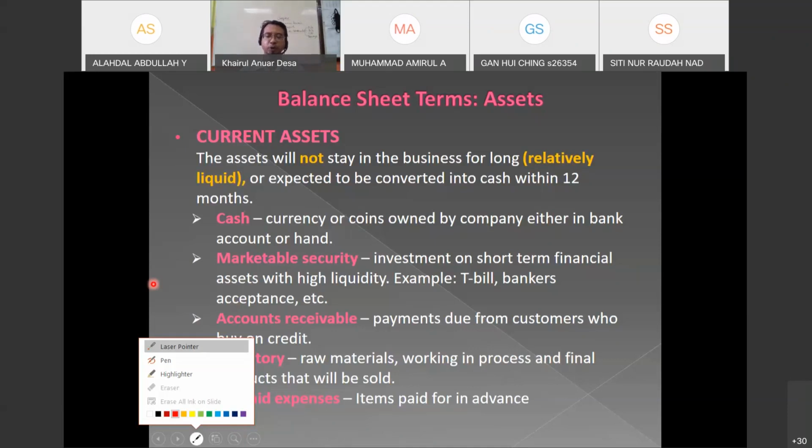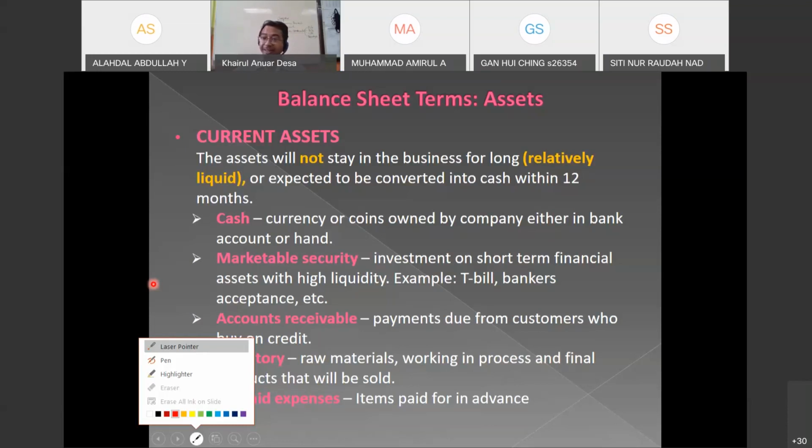Dan biasanya, normally treasury bill is used as the monetary instrument to control money in circulation. Biasanya, bil perbendaharaan ini digunakan sebagai instrumen kawalan monetari oleh kerajaan untuk mengawal wang di dalam edaran.